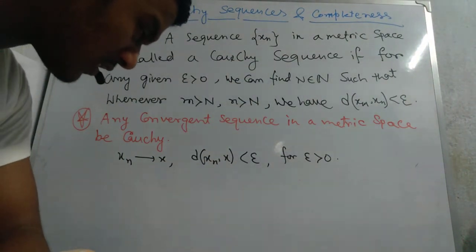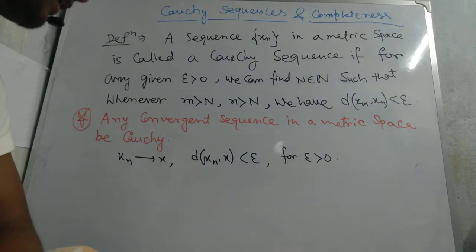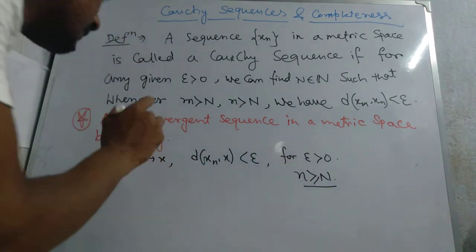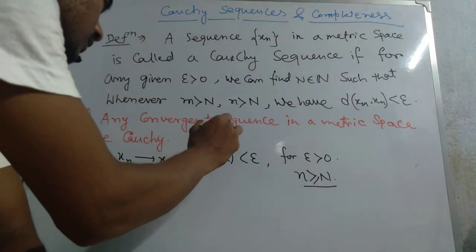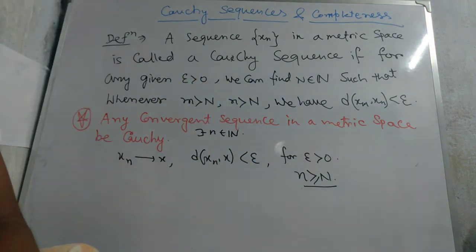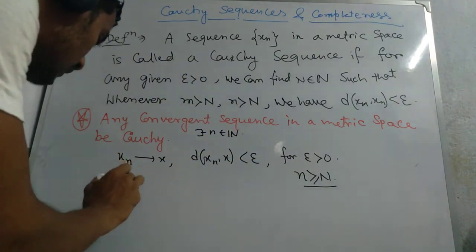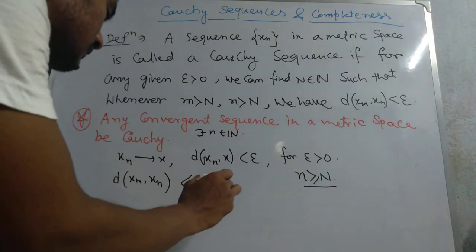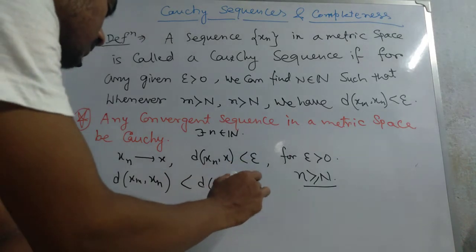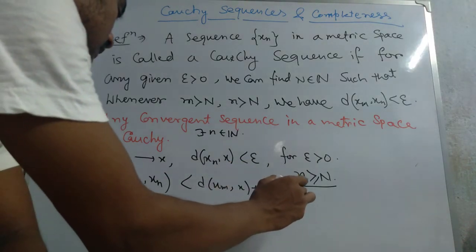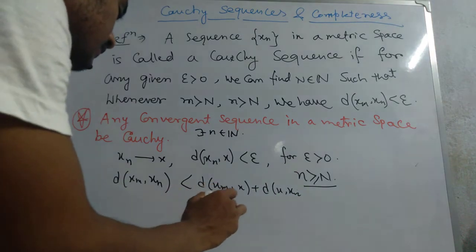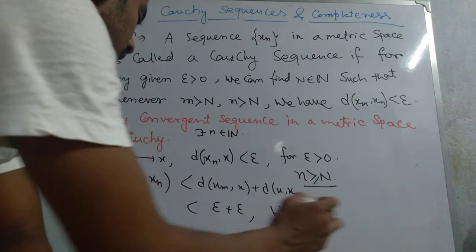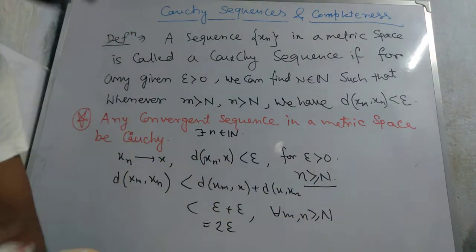Obviously, this holds for n greater than or equal to capital N, where there exists N belongs to capital N. Then we show that d of x_m, x_n is less than or equal to d of x_m, x plus d of x, x_n, which is less than epsilon plus epsilon for all m, n greater than or equal to N, equal to 2 epsilon.